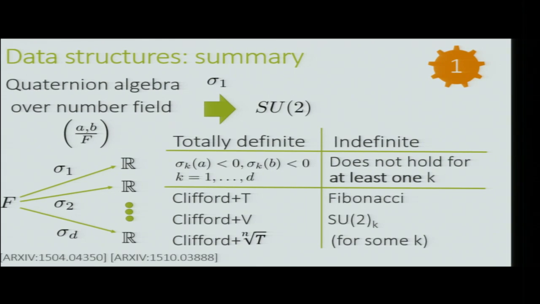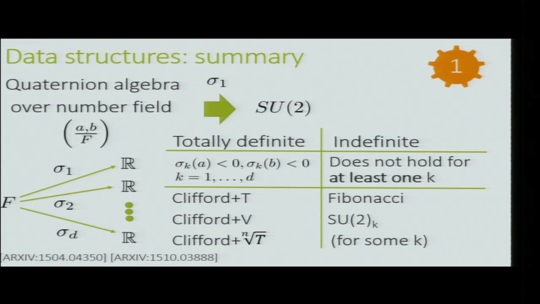Depending on what happens to A and B under different embeddings, there is a classification of quaternion algebras. A quaternion algebra is called totally definite if this stays negative for all embeddings of the number field into the reals. In this talk, I'm going to focus on this case.